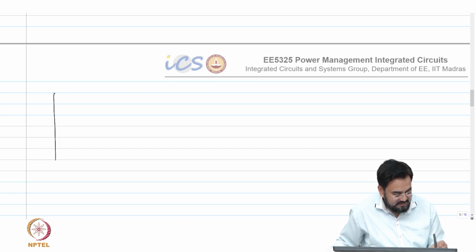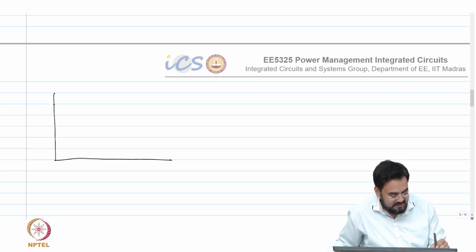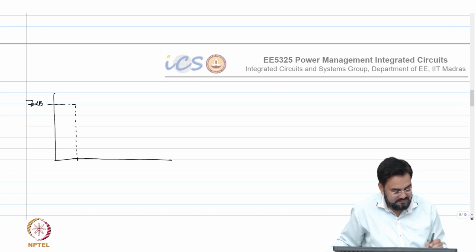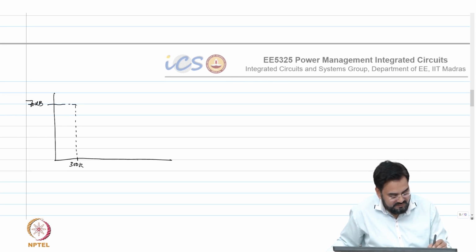So now if I draw the loop gain, you start with 70 dB. Where is the first pole? 300. And your second pole, where was that?